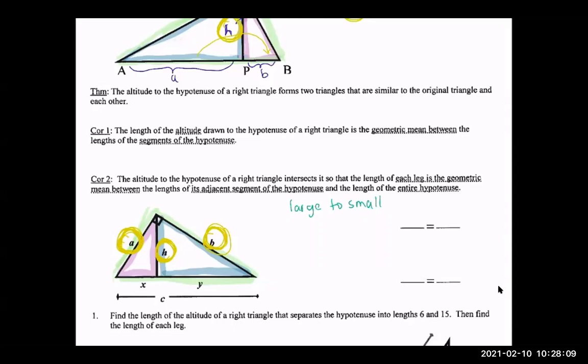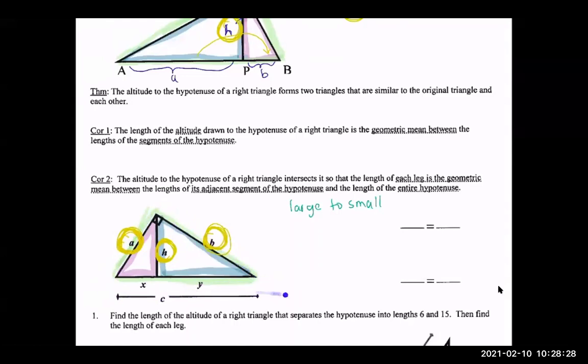Using just the single letters that you guys see there. Oh, and the larger triangle, you guys, is this green triangle, right? What's the hypotenuse of the larger triangle? Okay, the hypotenuse is C.